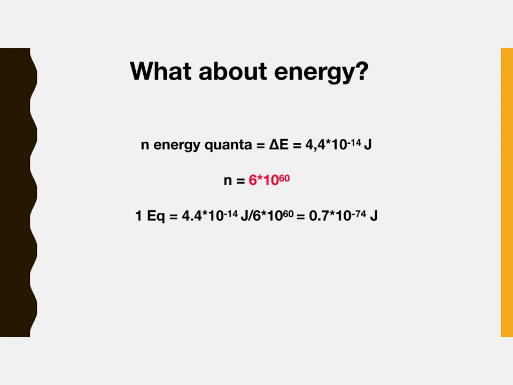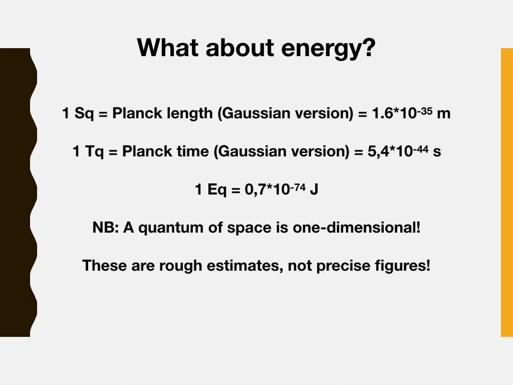I mean, we've got the number of n's, and we've got the total amount of delta E. So, in my little universe, the winners are: 1 space quantum equals 1.6 times 10 to the minus 35th meter. 1 quantum of time equals 5.4 times 10 to the minus 44th seconds. 1 quantum of energy equals 0.7 times 10 to the minus 74th joules.